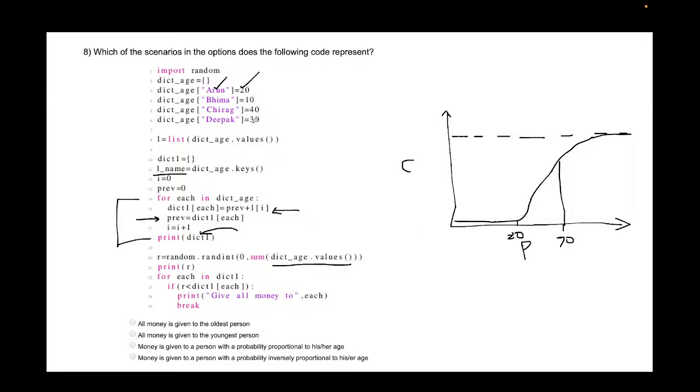The oldest person is Chirag, so his cumulative age almost touches this maximum limit. So whatever number R is generated will definitely be less than this cumulative age.